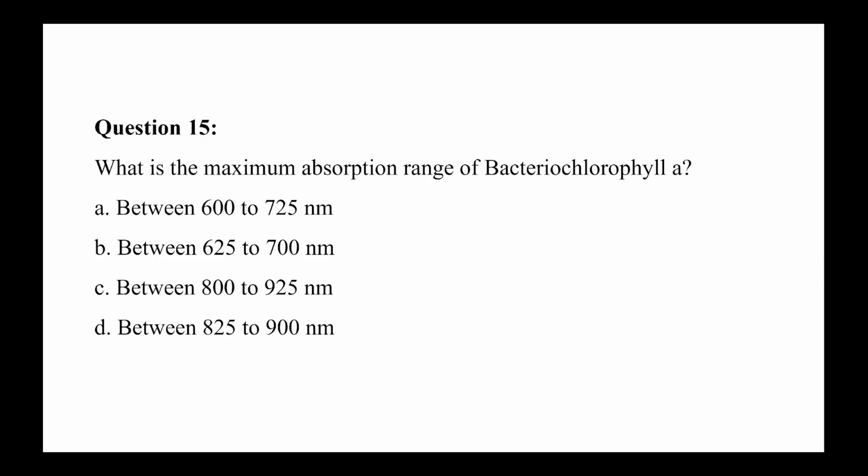What is the maximum absorption range of bacteriochlorophyll A? Option A, between 600 to 725 nanometer. Option B, between 625 to 700 nanometer. Option C, between 800 to 925 nanometer.